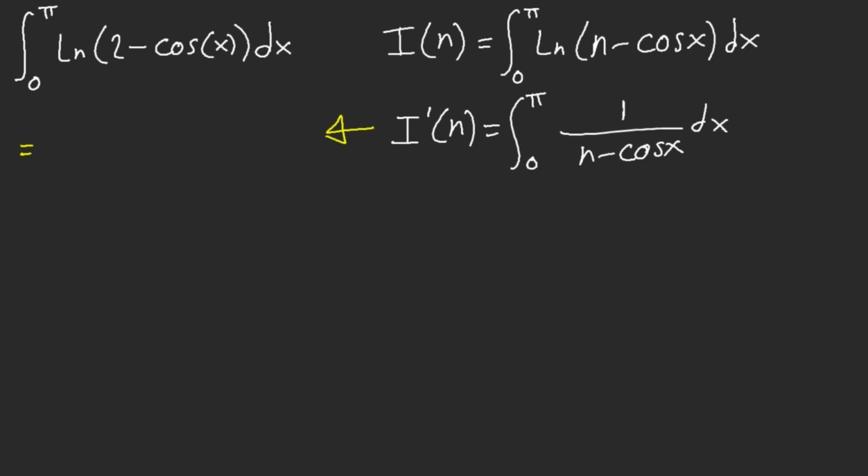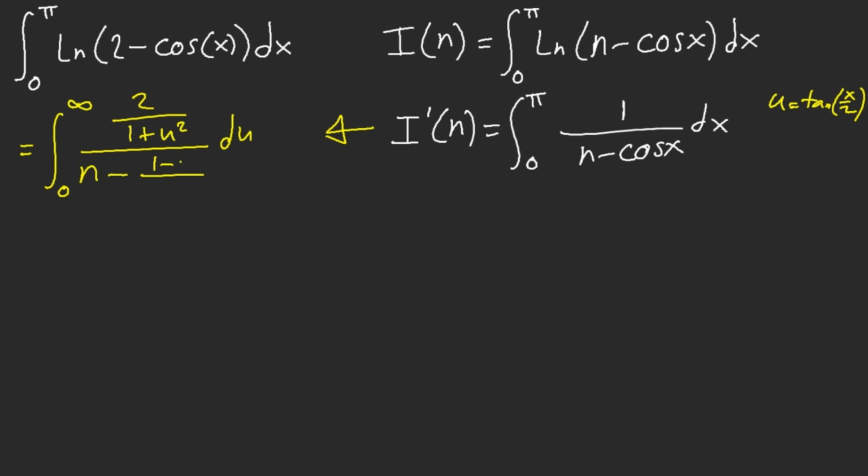So Weierstrass time, we are letting u equal tangent of x over 2. Okay, so now we have 0 to infinity, and then we have 2 over 1 plus u squared du. Then we have n minus 1 minus u squared over 1 plus u squared.